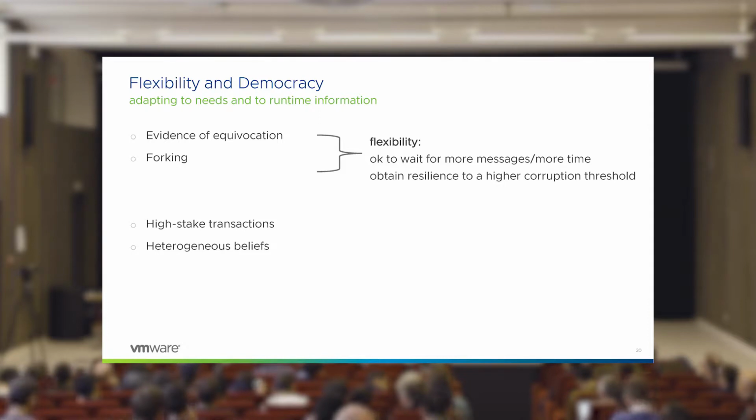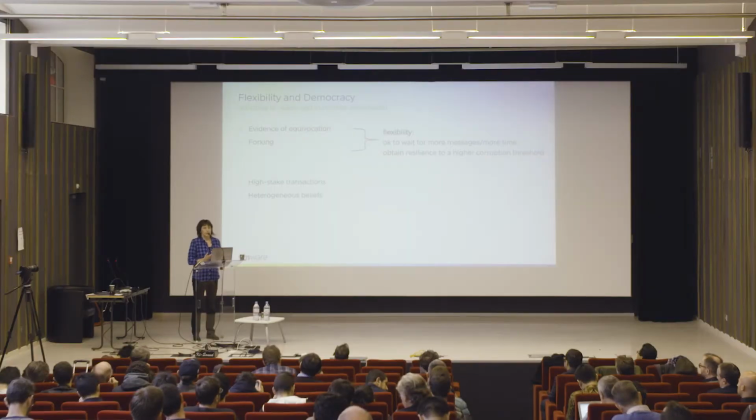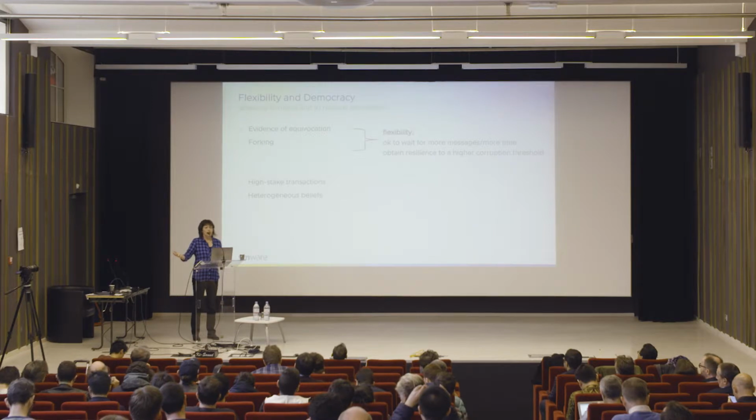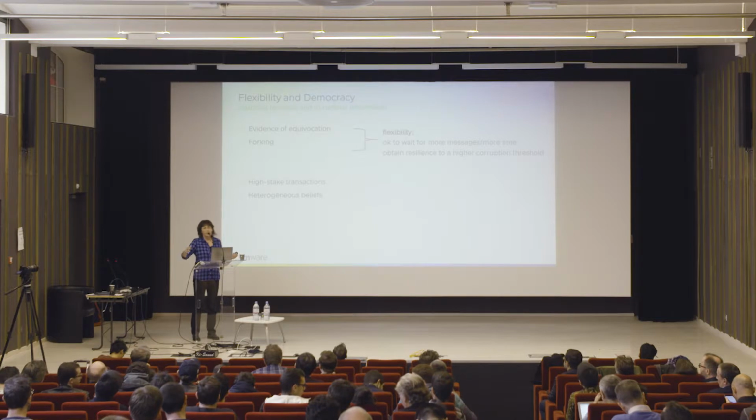Why would you want democracy? Well, in the classical way of designing solutions, all the transactions, all the blocks in a blockchain are equal. But in reality, you might have transactions that are much higher stakes.